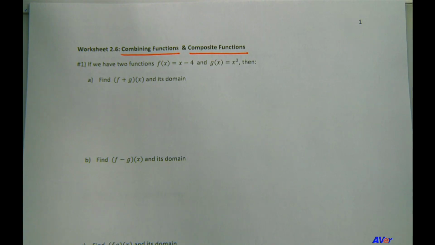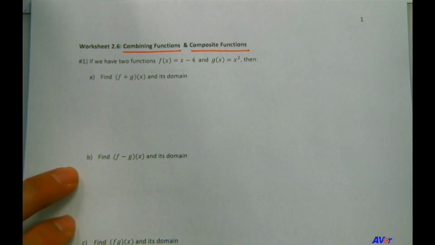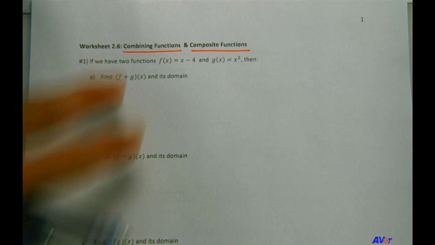As far as finding the combining and composite functions themselves, that seems to be okay with most of you. Most of you become comfortable with that process, if not immediately, then shortly after. But it's finding the domain that creates problems for the majority of people. So before we cover combining functions and composite functions, I want to say a little bit about how we find the domain for each category.